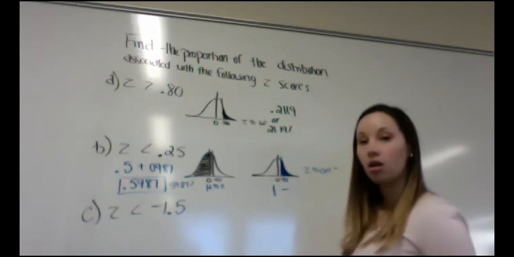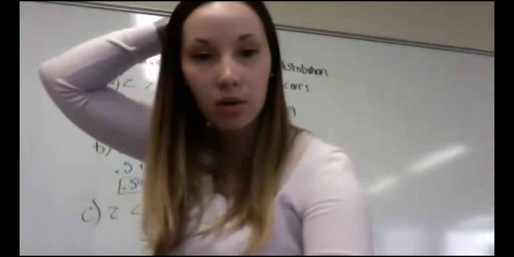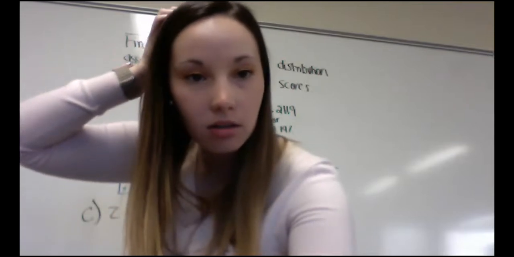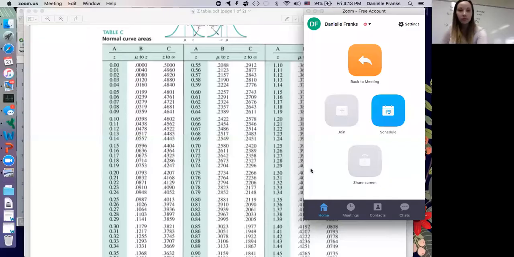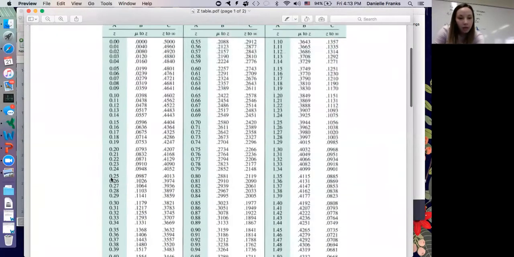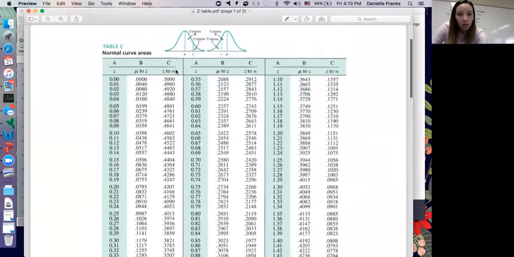So let's look at our z-table and see what that number is. We've got our 0.25 again as our z-score. We're now looking at column C because we are interested in z to infinity. So here our probability is 0.4013. That is our column C here.